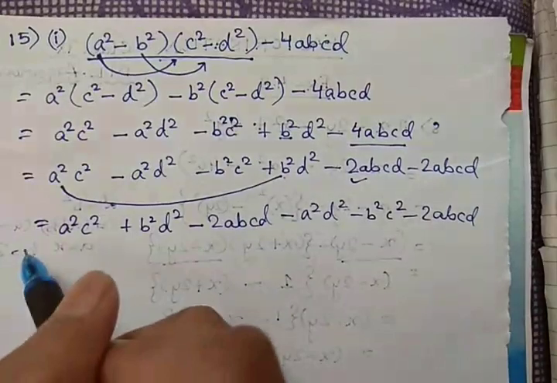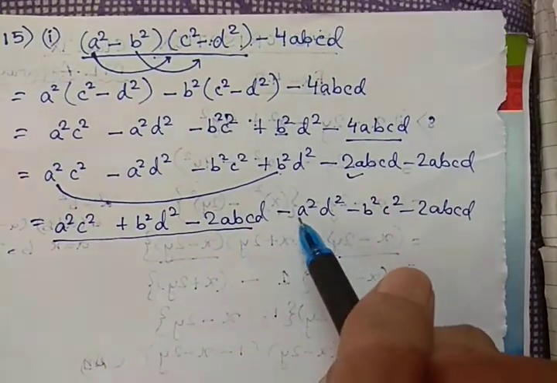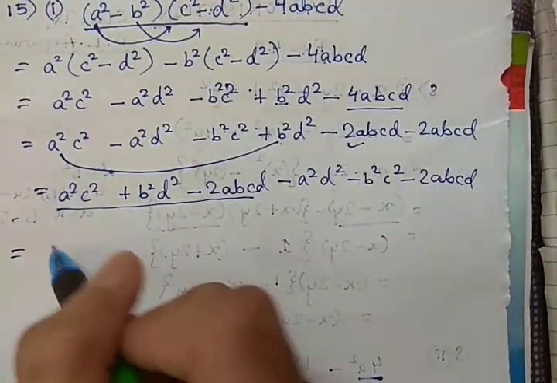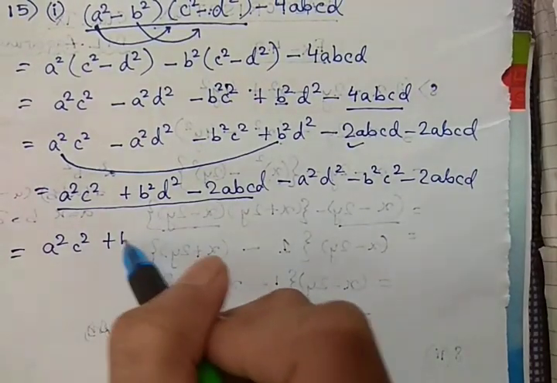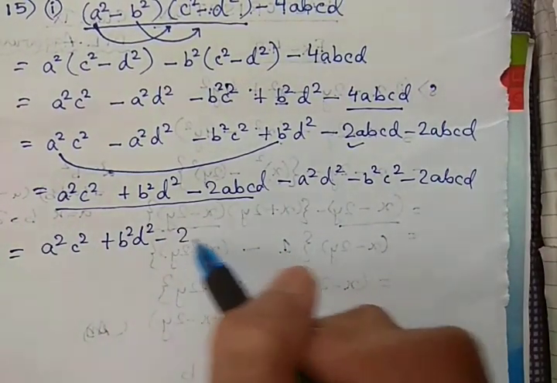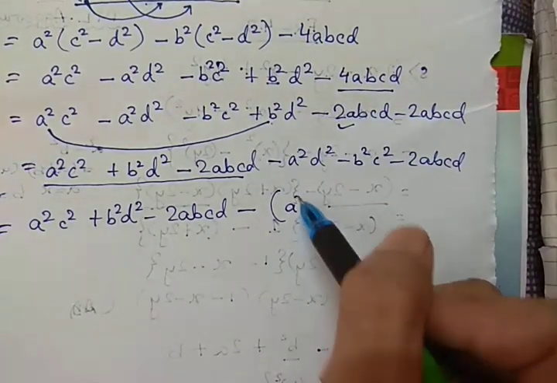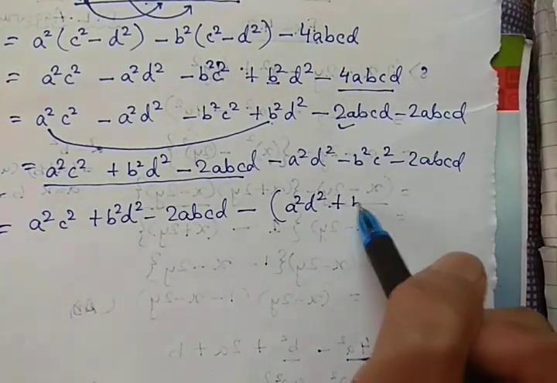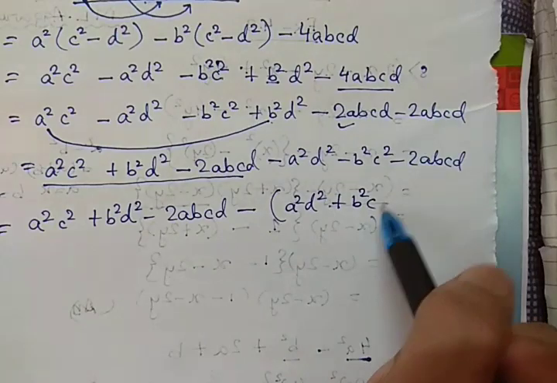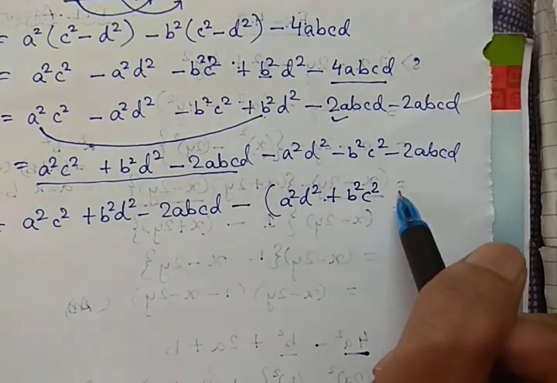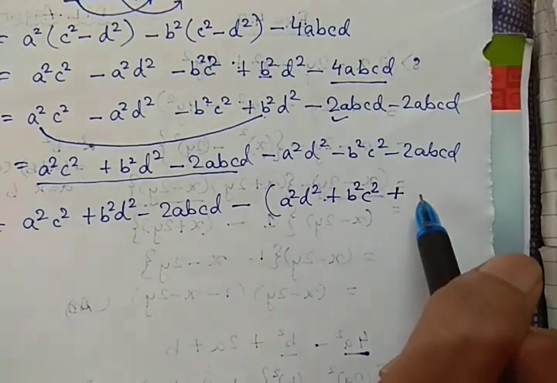Okay, so this becomes one term. We are taking minus common: a square c square plus b square d square minus 2abcd, minus (a square d square plus b square c square plus 2abcd).